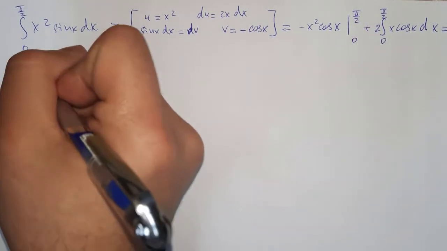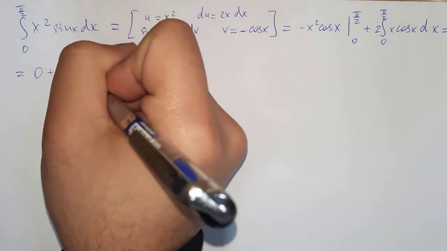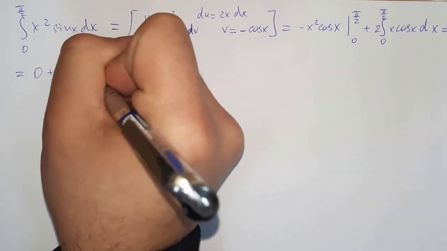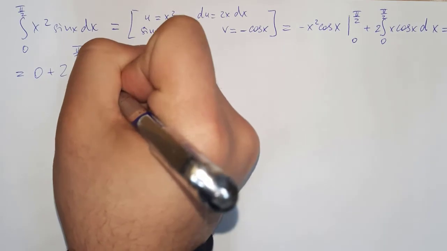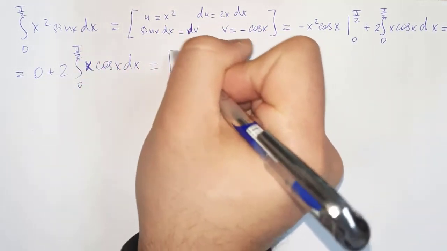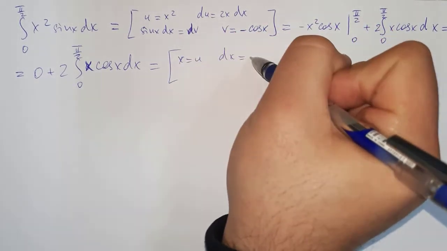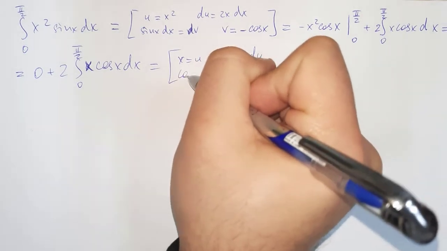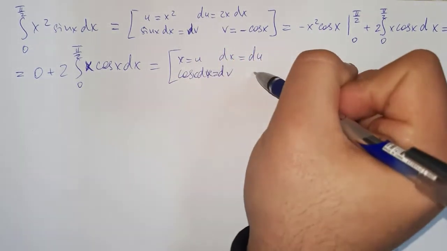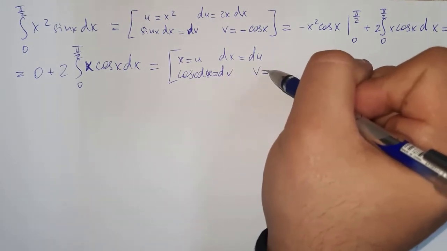This is 0, plus the next one now: 2 integral from 0 to pi over 2 of x cosine x dx. Let me rewrite it. So here again, x is u, dx is du, so cosine x dx is dv. So v is just sine x.